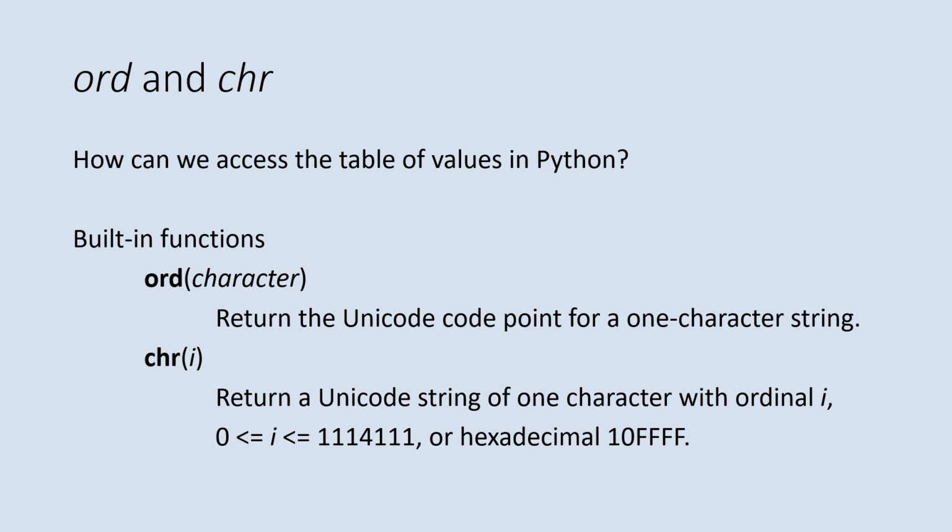So the actual values are from 0 to 1,114,111. That means there are a lot more things that can be described in Unicode. A bunch of different printable characters and a bunch of different actions that you want to take.